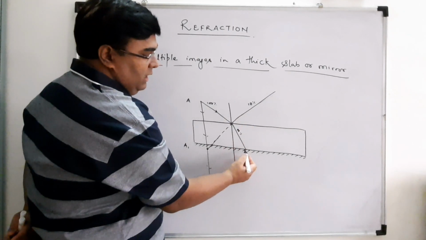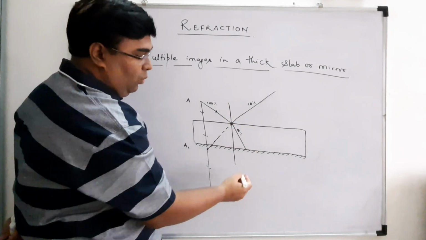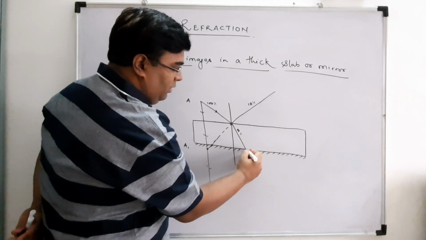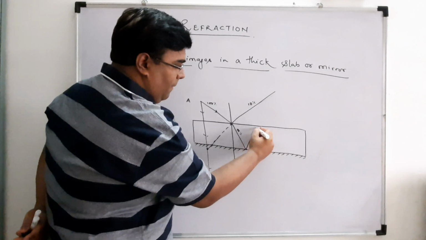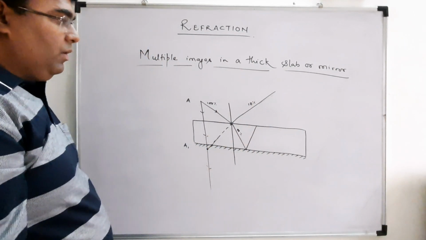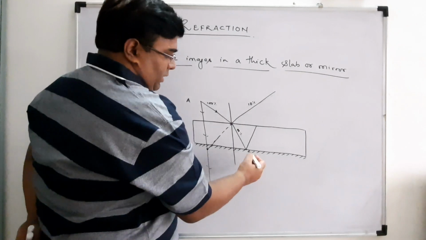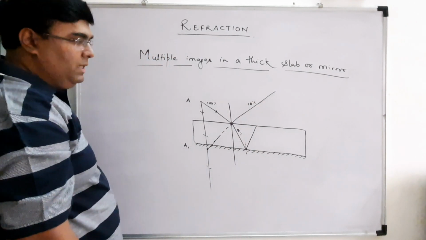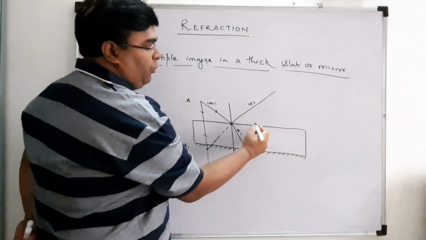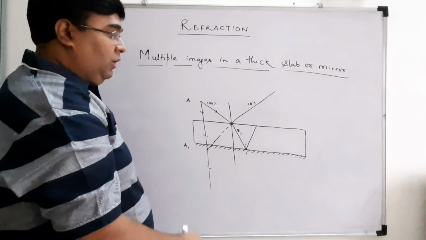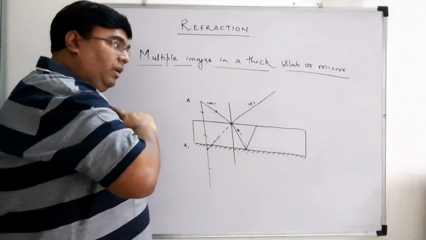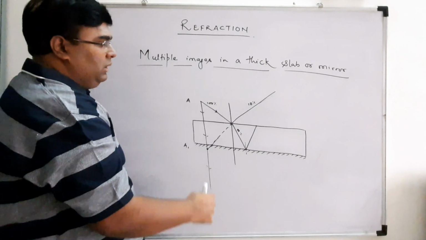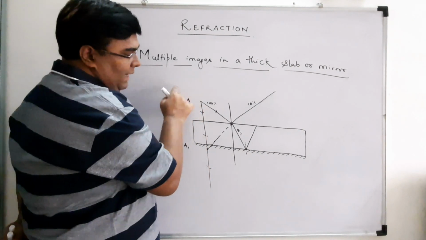Now what will happen? At this point there will be no refraction, only reflection will take place because there is a mirror. The normal was here, so reflection took place, and then at this point again the major part will be refracted and the minor part will be reflected back, because this was my main ray going inside the slab.